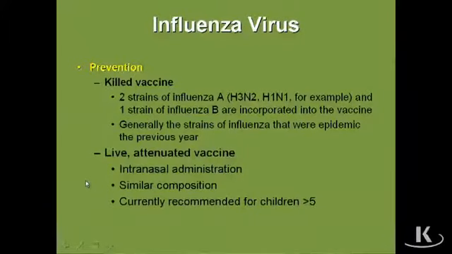The live attenuated vaccine is FluMist. That's the one that's given intranasally. The composition is the same, but you wouldn't give the live attenuated vaccine to young children or the elderly. So a few years ago in the US, we had some vaccine shortages when we had flu epidemics, okay? And the killed vaccine was almost impossible to get.